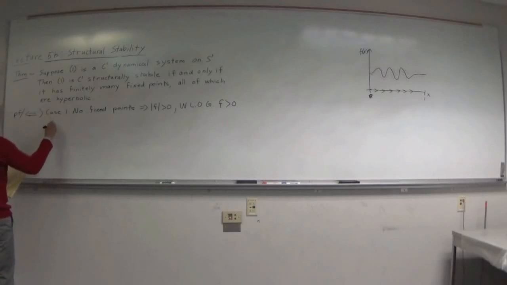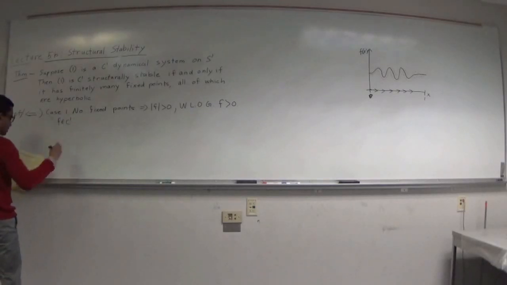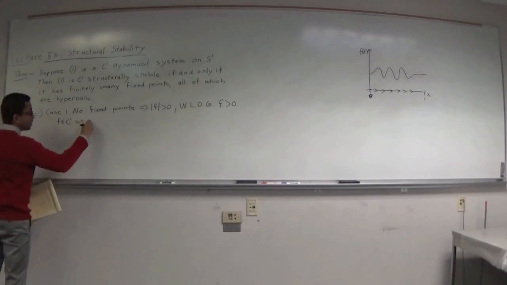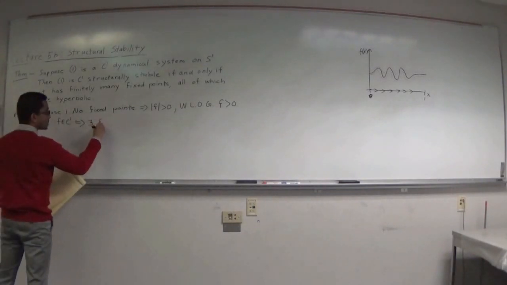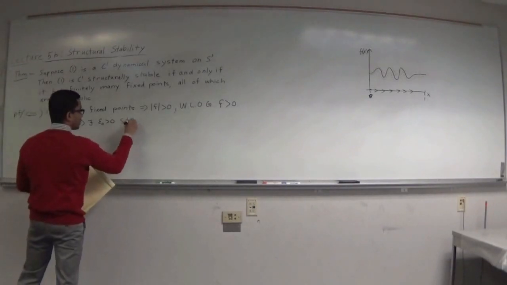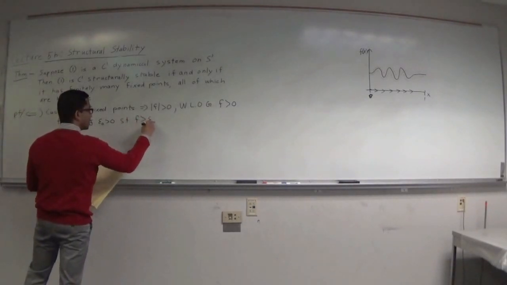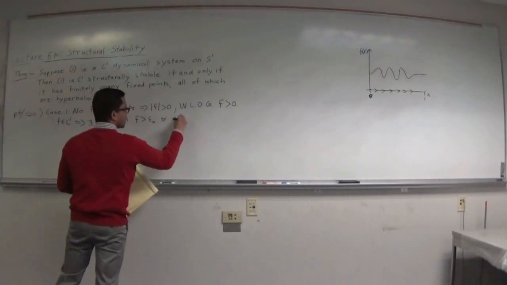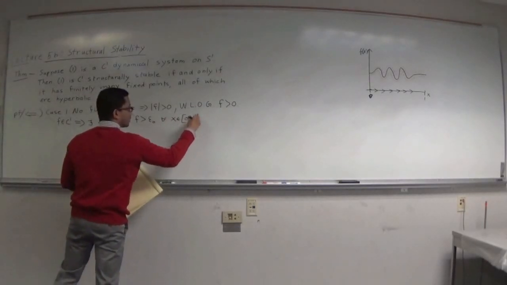Now, F is continuously differentiable, which means that there exists an epsilon naught greater than 0 such that F is greater than epsilon naught for all x in [0, 1].